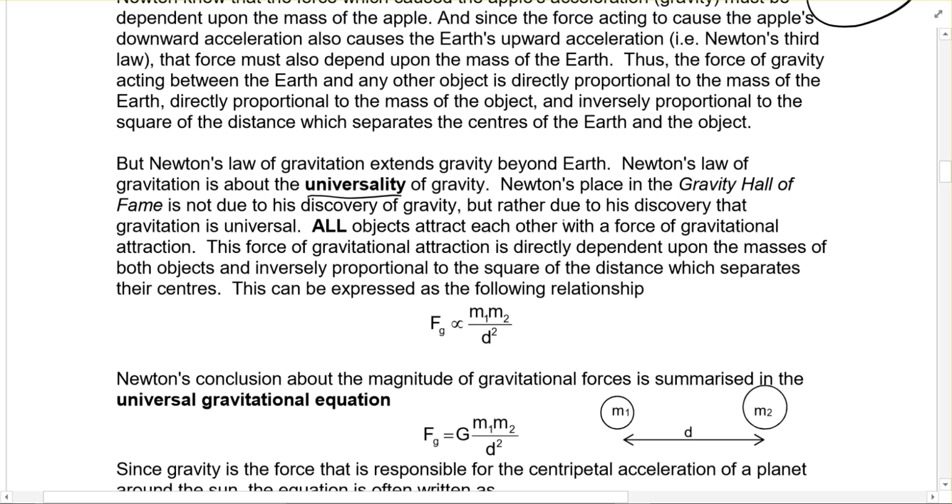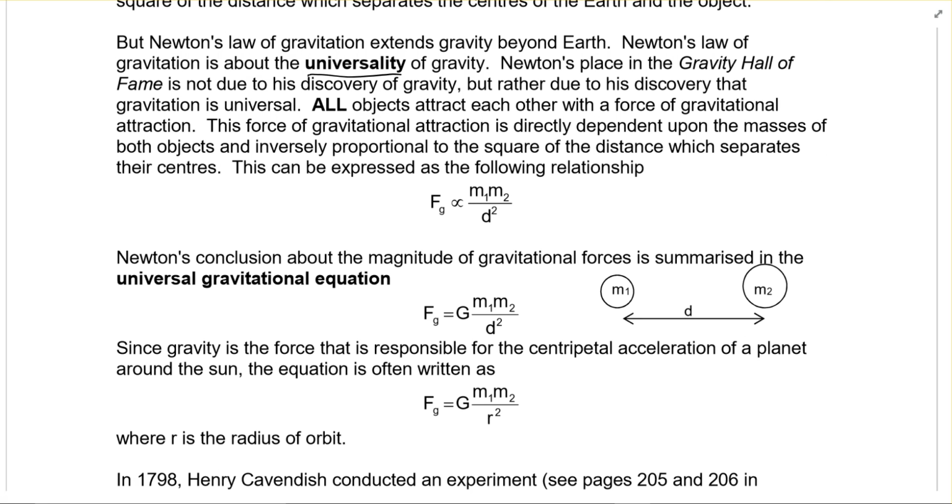And the big deal here is that all objects attract each other. So technically, I'm gravitationally attracted to some alien in a distant galaxy. It's almost infinitesimally small. It's a hard word to say. But I am attracted to that alien.